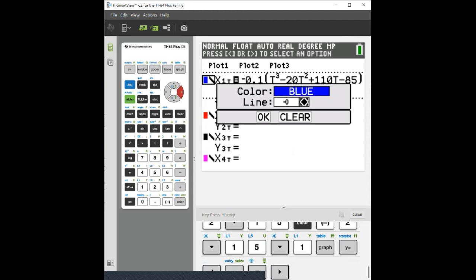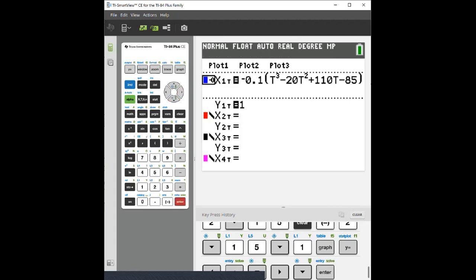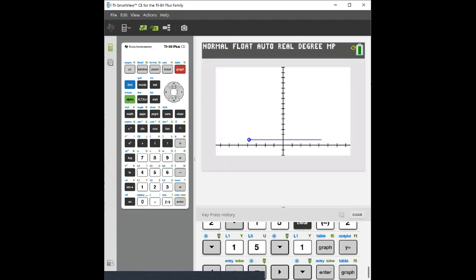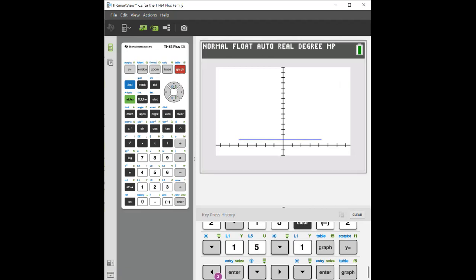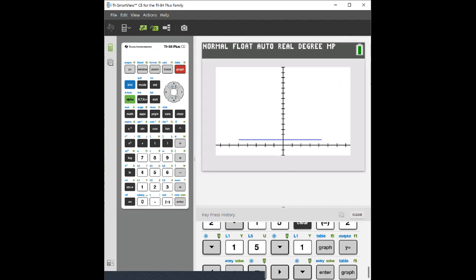It'll look like a ball moving across the screen, leaving a trail. So if we then graph, now we know the x value where Gary changed direction. And you can see he changed twice. He went to the left, came back to the right, and then went back to the left. But we still don't know the time where it happened.